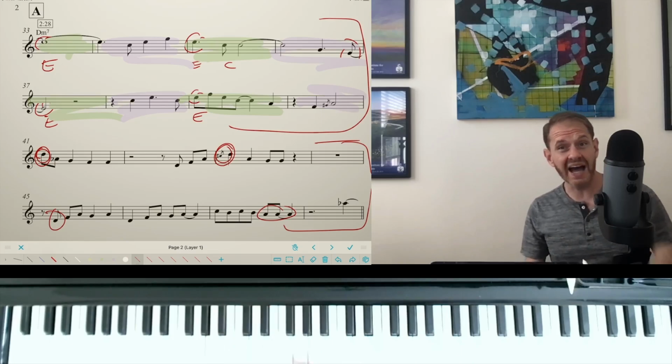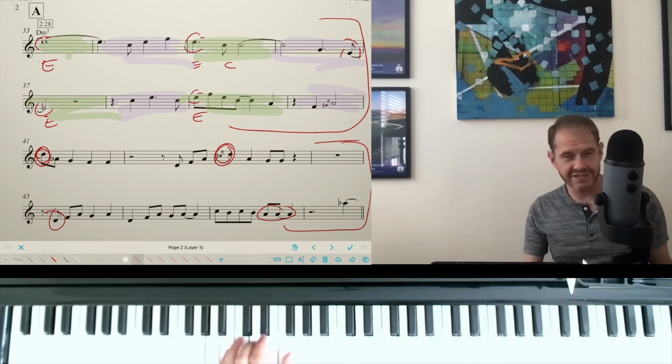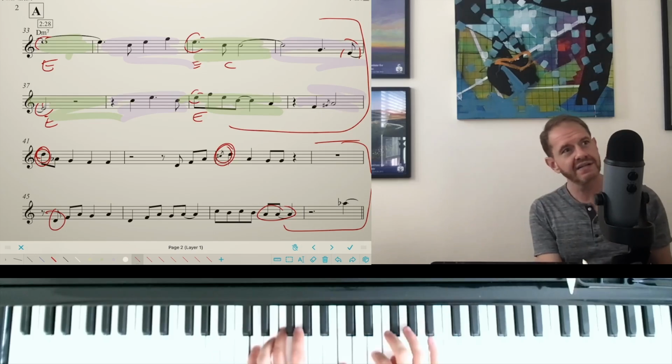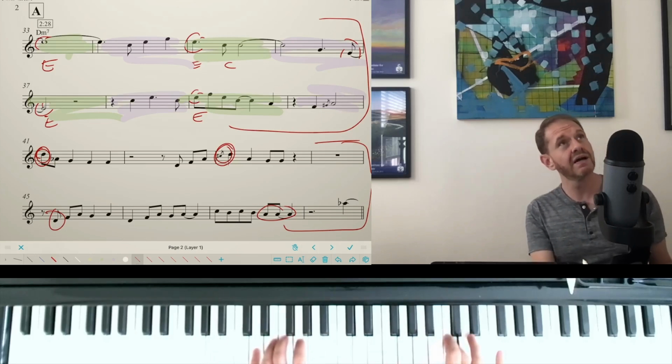It helps me to actually play this D minor to A7 to remind myself, and then I can just do it in my head. 1, 2.